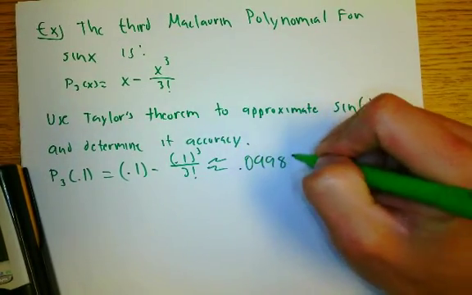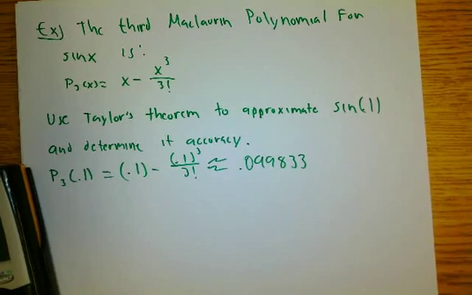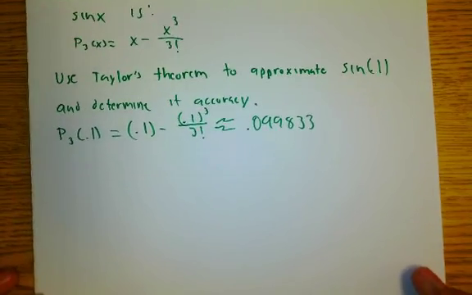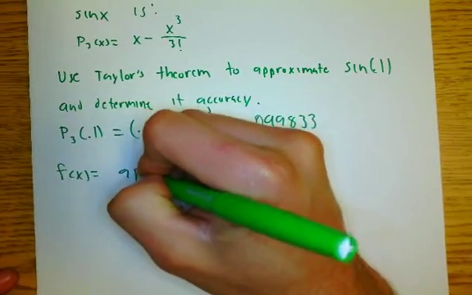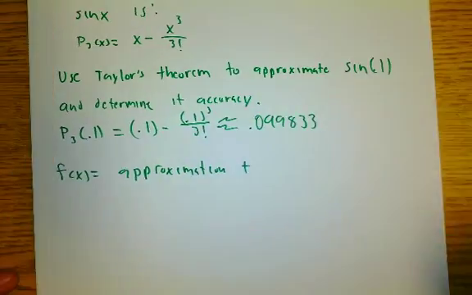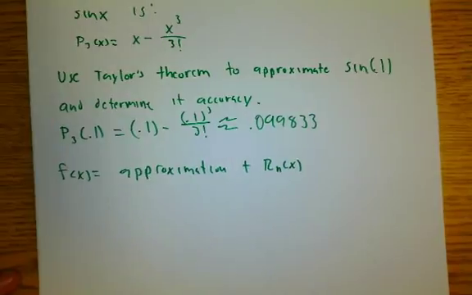Well, how accurate is this? Well, if you remember, I mean, you don't need to write this down. We said that f of x would be equal to your approximation plus that R. Agreed? Yeah. So we have our approximation. All we really need to figure out is this. Agreed? Well, how am I going to do that? Well, remember, what is this equal to?